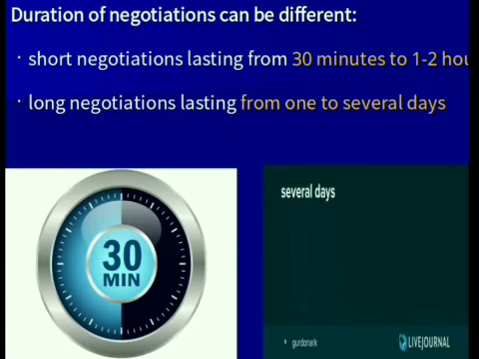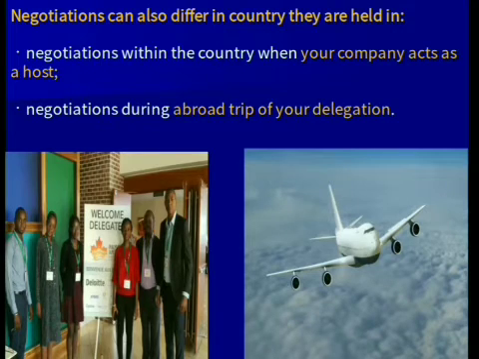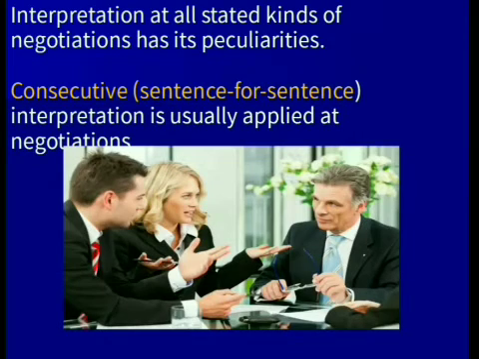So according to the duration of the negotiations, you have to choose the interpreter. And of course, when we speak about locations, it can be any kind of hotels, airports, conference or forum lobbies. Of course, they can be held in your country or in a foreign country. So it depends on where the negotiations are held.